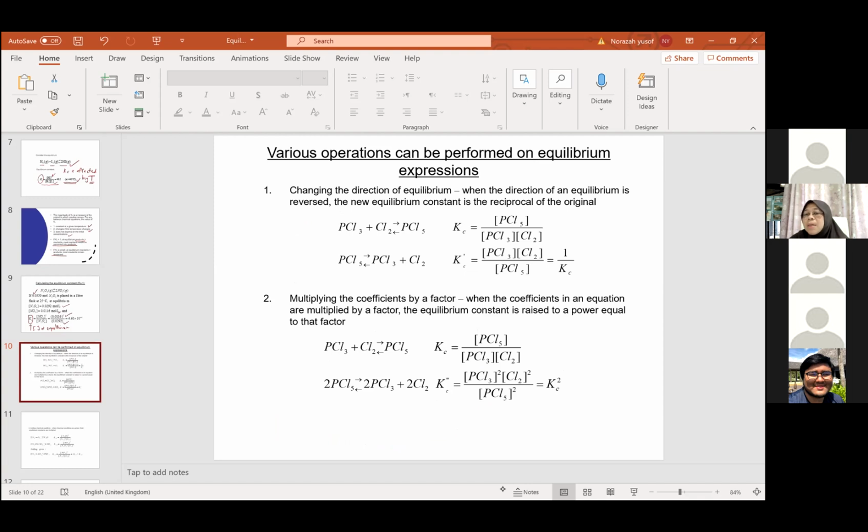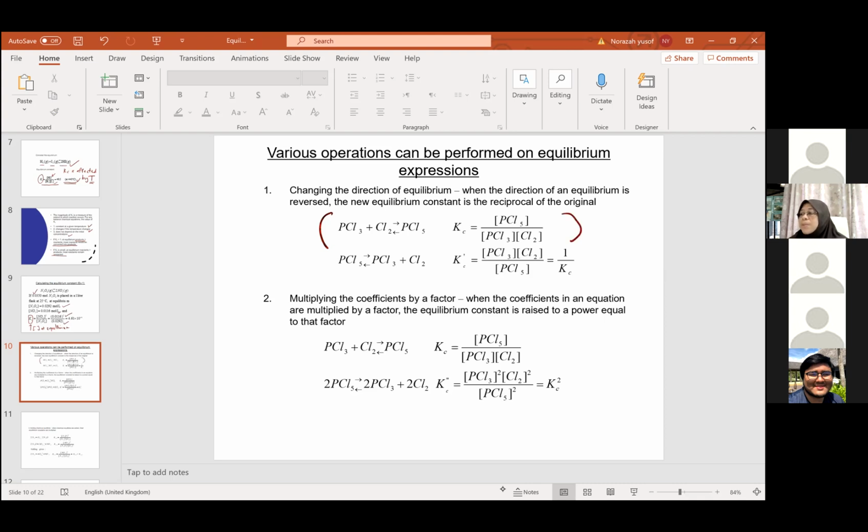Remember that when we were discussing kinetics, we were identifying reaction order, which is related to the tutorial last week. Using the reaction mechanism, we can add the equations, we can minus the equations. The same goes for the equilibrium expression.